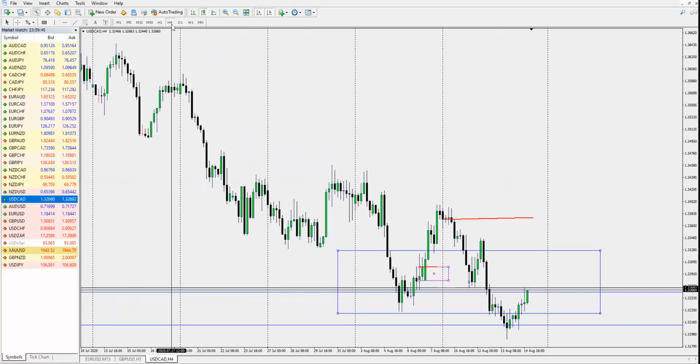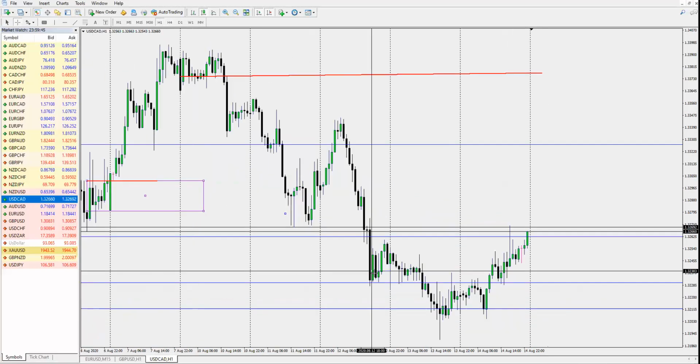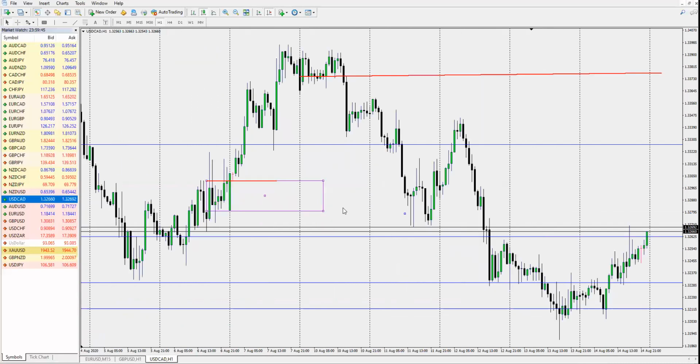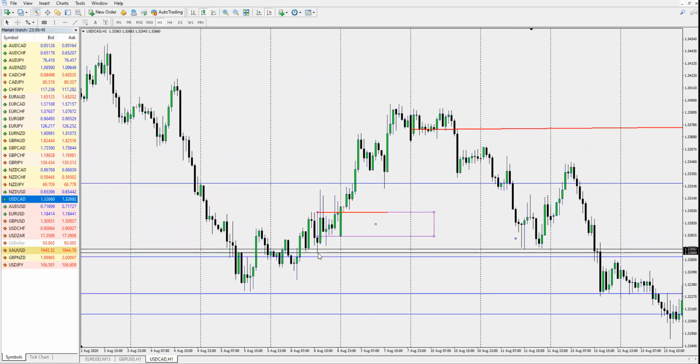Now I will go down to my 1-hour chart to add myself a Fibonacci level. I personally like to use the 1-hour to pull my fibs if I have done a top-down perspective of the market: daily, 4-hour, 1-hour.